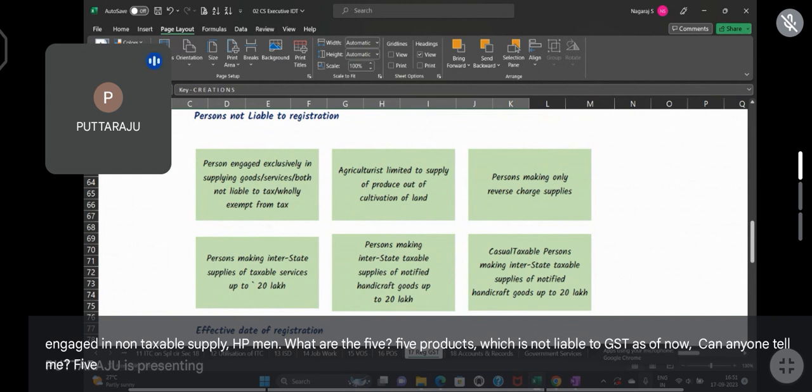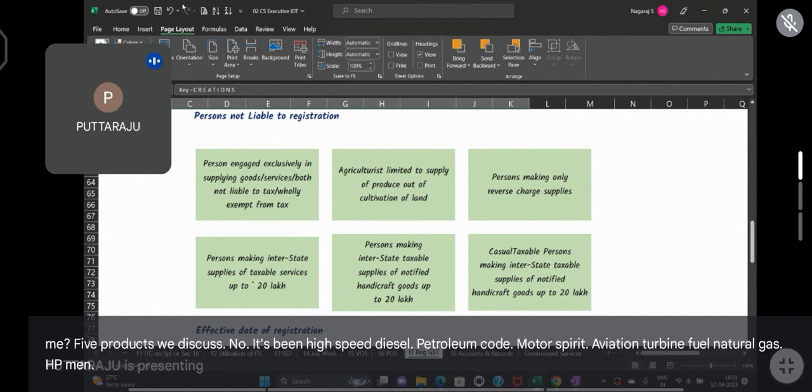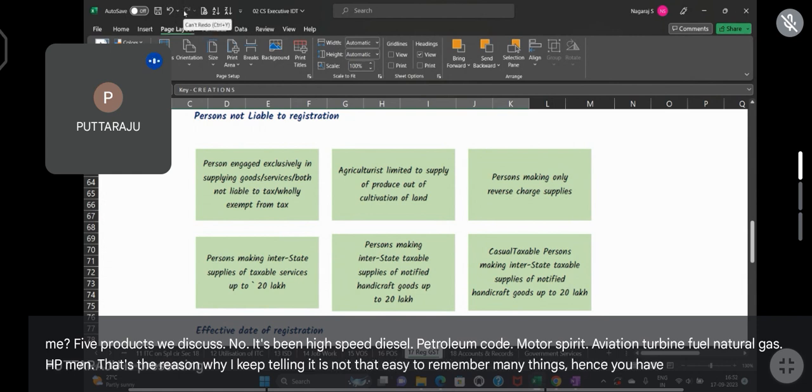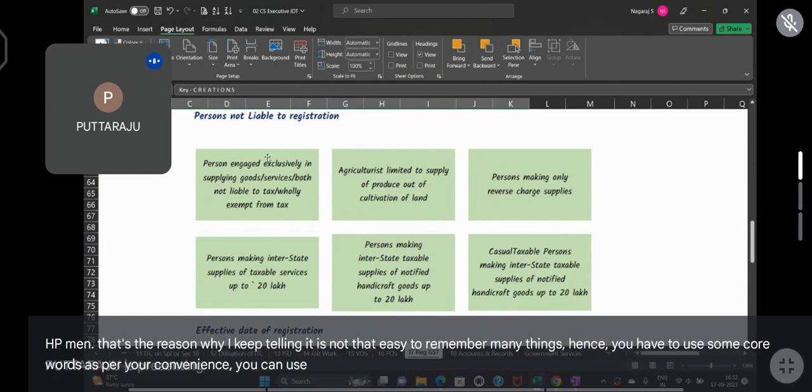The five products we discussed: HP man, high speed diesel, petroleum crude, motor spirit, aviation turbine fuel, natural gas. That's the reason why I keep telling it is not that easy to remember many things. Hence, you have to use some code words as per your convenience.